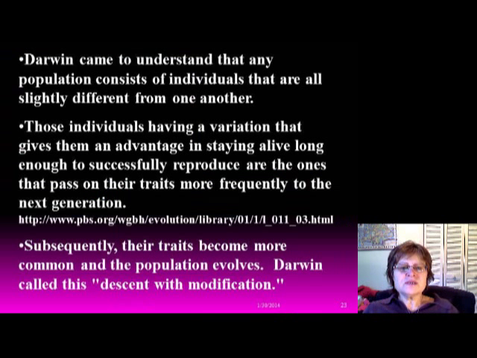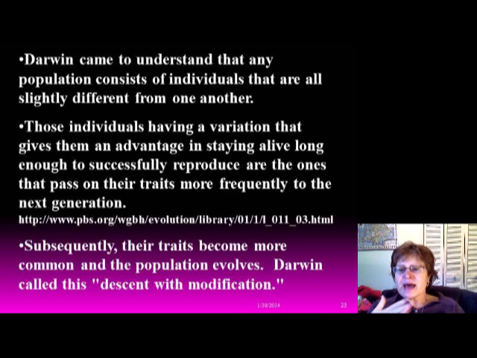So he came to understand that any population consists of individuals that are all slightly different from one another. Just like humans, you don't find two of the same unless they are identical twins. Other than that, every single body is different. Those individuals having a variation that gives them an advantage in the environment will stay alive longer, so they have more chances to reproduce and bring capable offspring to that certain environment also.